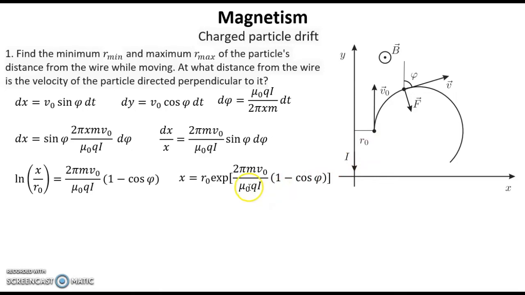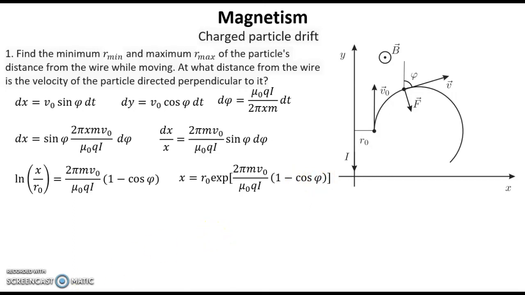And when the particle is going straight, parallel to x or perpendicular to y, we have cosine phi equals 0. That will be this position and this position. That will be the same, meaning when cosine phi equals 0.